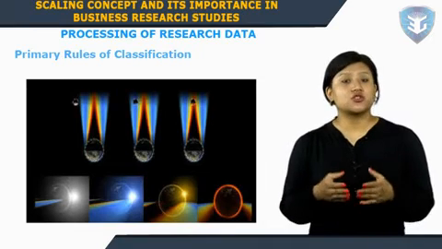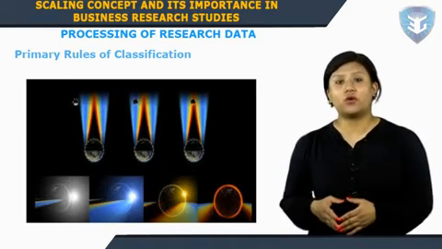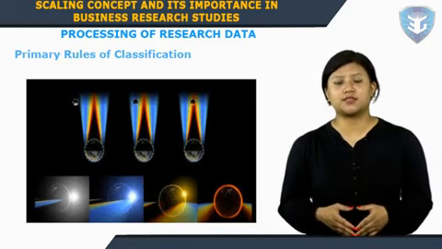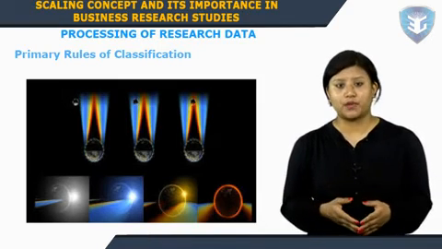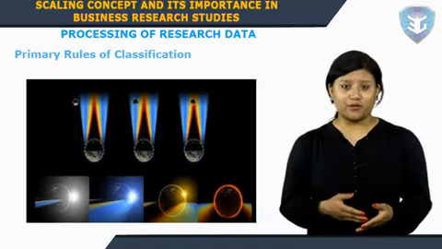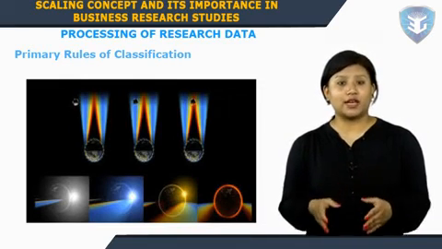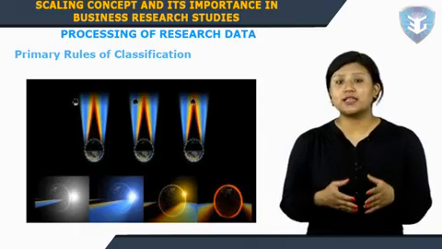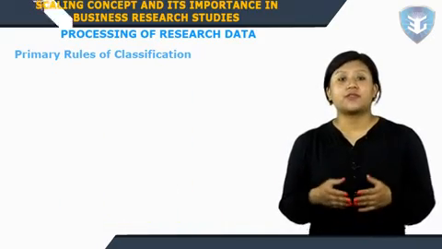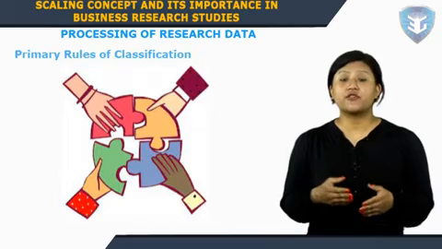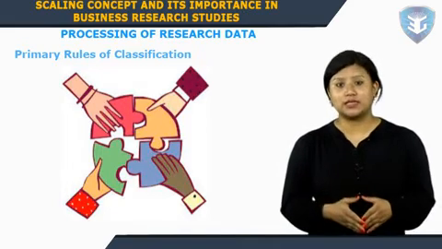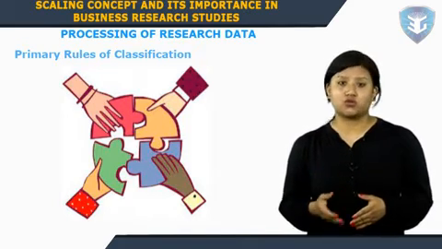All the classes should preferably have equal width or length. Only in some special cases do we use classes of unequal width. The class limits, integral or fractional, should be selected in such a way that no value of the item in the raw data coincides with the value of the limit. The number of classes should preferably be between 10 and 20, that is, neither too large nor too small.